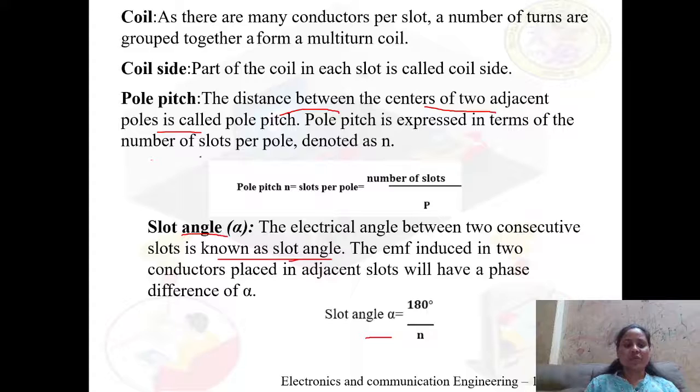So the conductors placed 180 degrees apart are one pole pitch apart, so the angle made by a single slot is nothing but a slot angle. So we calculate the slot angle with the equation 180 degrees divided by n, where n represents the number of slots per pole.